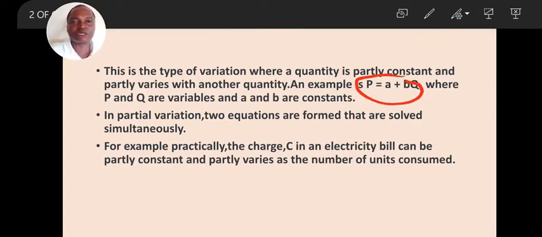Now, partial variation practically, for example, let's take a service provider like MTN, and they are in a particular call package rate. Maybe, for example, the first 1 minute call is 8 naira.